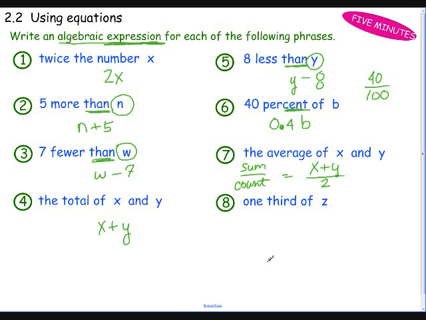So that would be how we'd express that one. That's a little trickier. 1/3 of z. And I recommend that you keep the fraction. Don't try to convert that into decimal, because you'll lose accuracy if you do that.